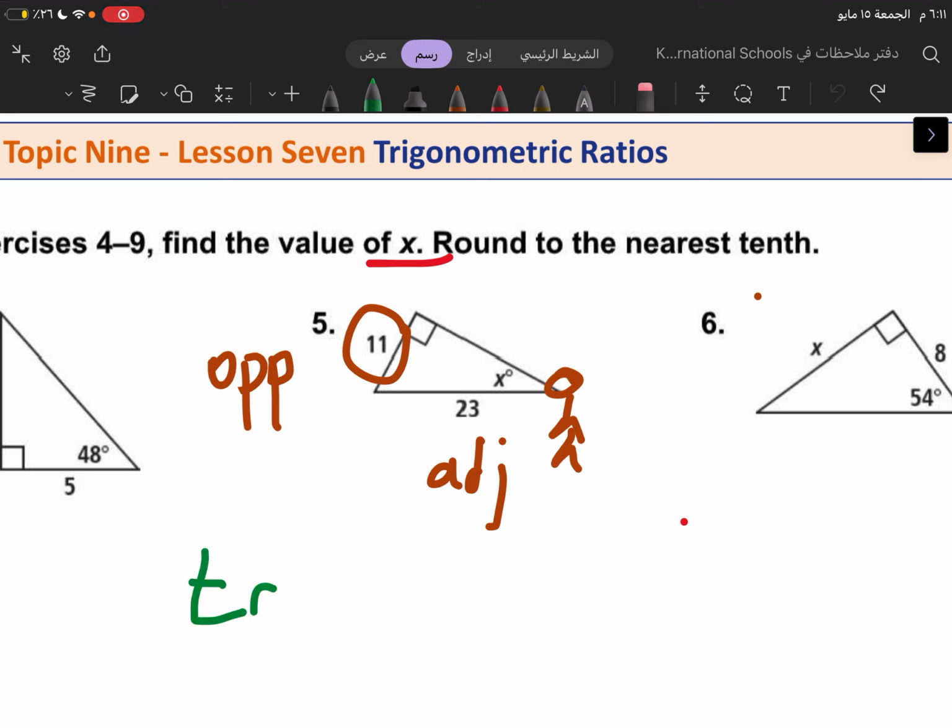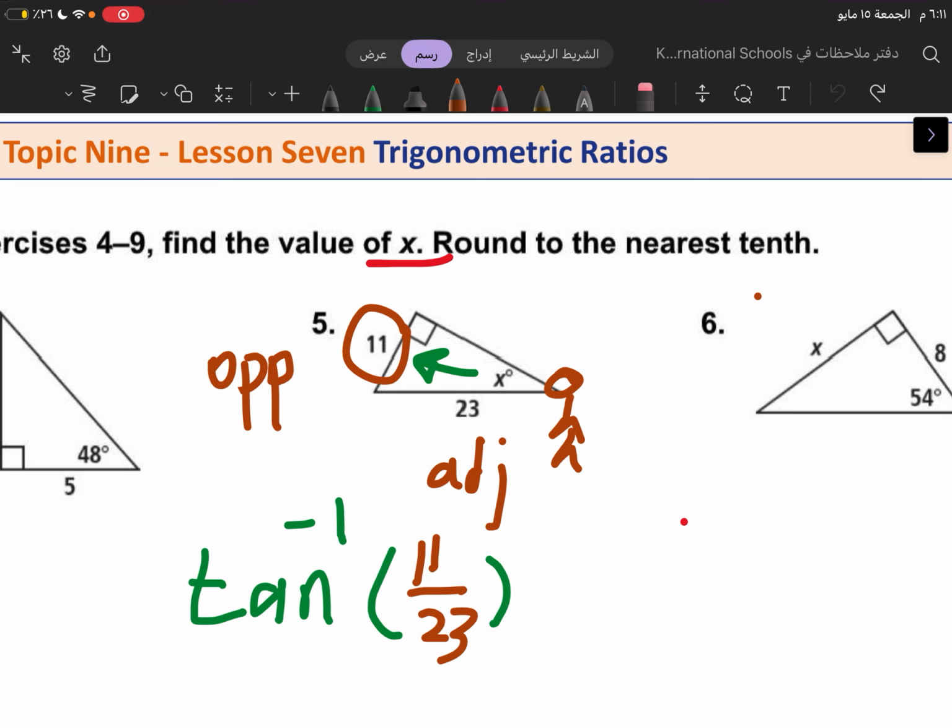Tan, I know it is tan, but because he asked me about the angle, I do tan inverse of opposite over adjacent, 11 over 23, and do it on your calculator and you get the answer. Are you good?